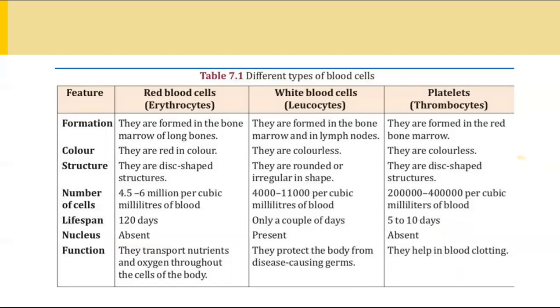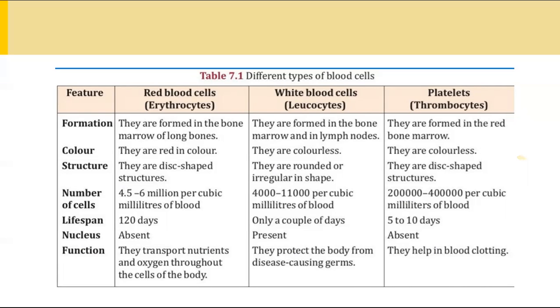Now this table 7.1 shows a comparative study of different types of blood cells, and what features are mentioned here. Look at the formation. RBC is formed in the bone marrow of long bones, and WBC are formed in the bone marrow and in lymph nodes.